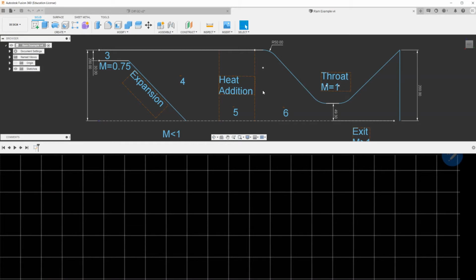Smaller is the throat, bigger will be possible pressure inside the combustion chamber. Bigger is the throat, smaller is the pressure. Smaller throat, bigger pressure. Okay, I think it's quite clear that the more you constrain inside this smallest cross section with Mach 1, the more will be the pressure inside the combustion chamber.